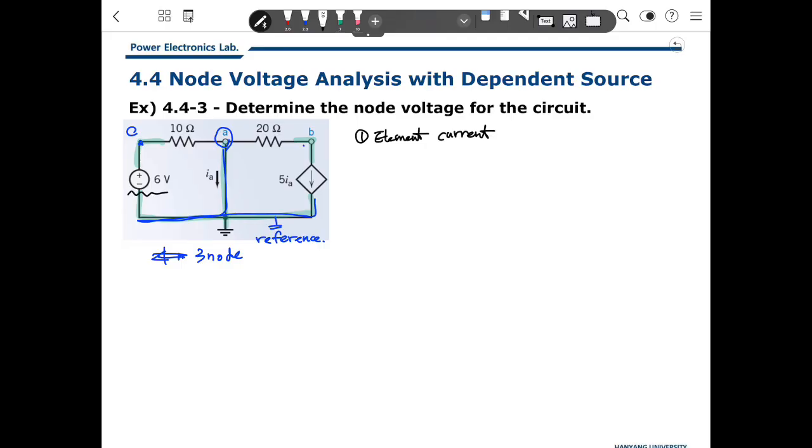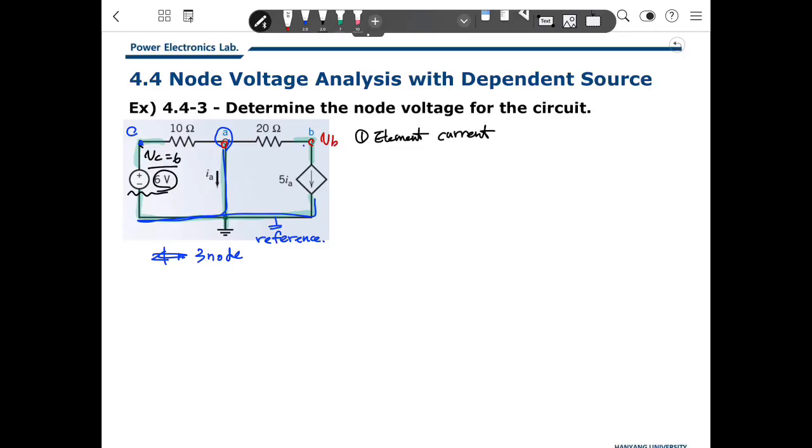Because of this source, we don't need to consider node C, because VC will be 6. We got it based on this independent voltage source. Then we need to know about VA and VB, actually VB, because VA is 0.